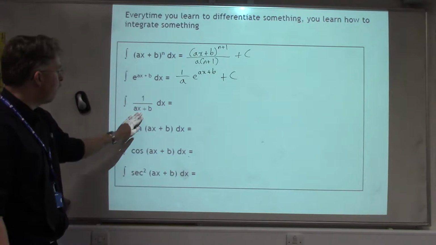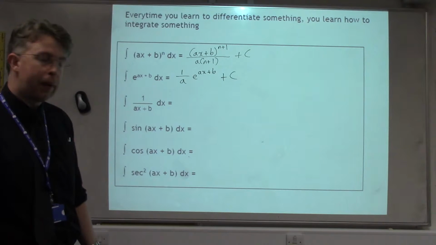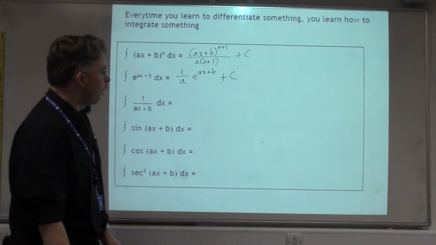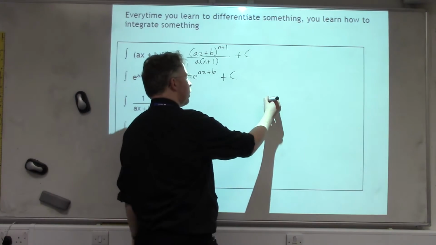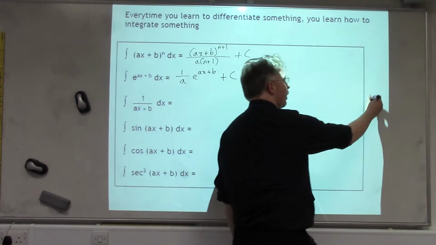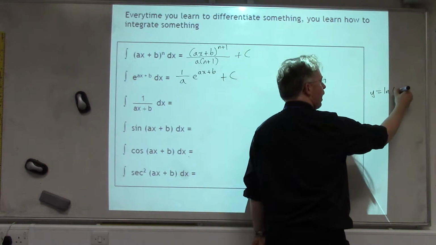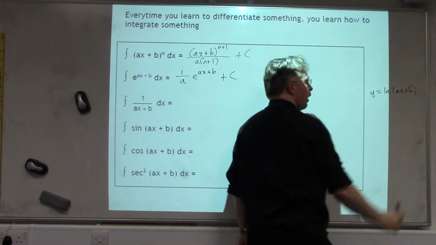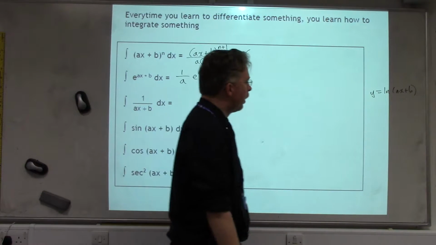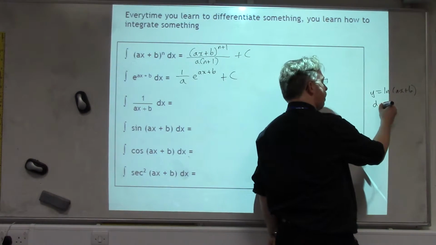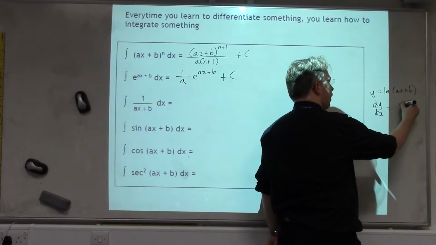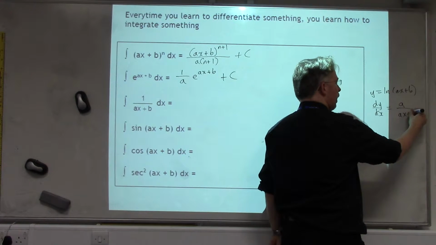Now for this one, the integral of 1 over ax plus b dx: if you're differentiating ln x, you get 1 over x. So let's try differentiating, set aside, y equals ln of ax plus b. By the chain rule, you would times by the a, so dy/dx equals a over ax plus b.